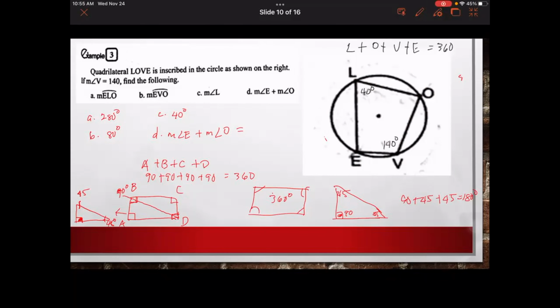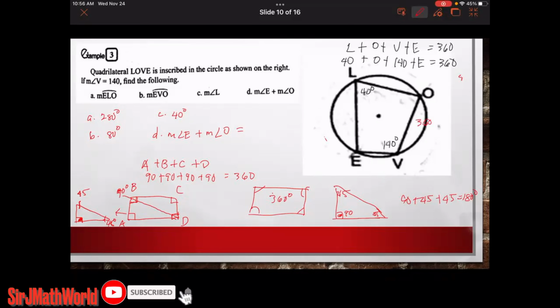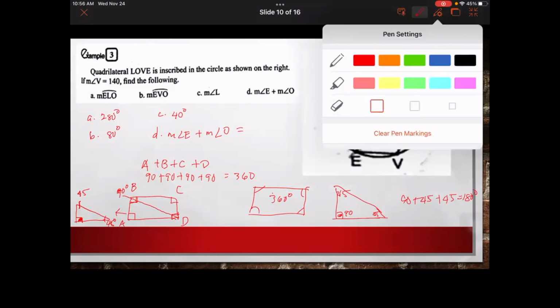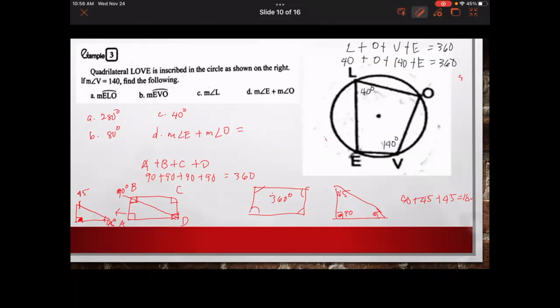Ito ay 40 plus, kinuha natin yung angle O, plus yung V is 140, plus yung E, is equal to 360 degrees. Now, by transposition, ayusin natin.